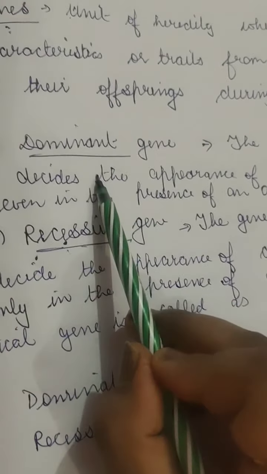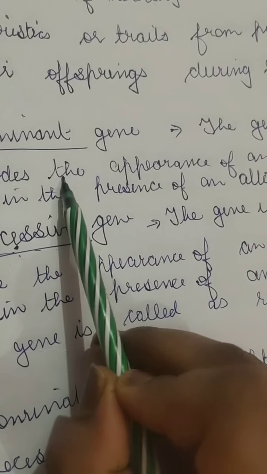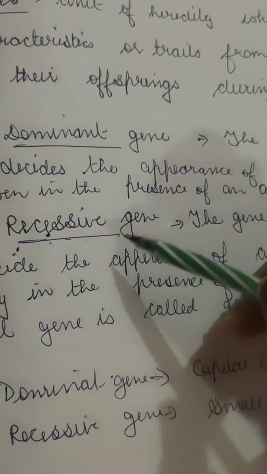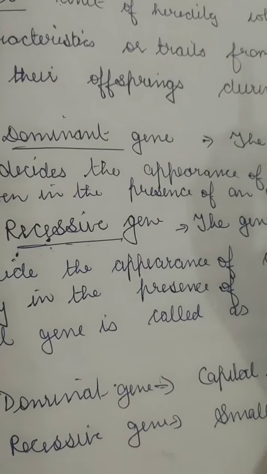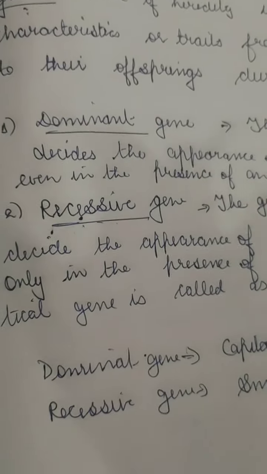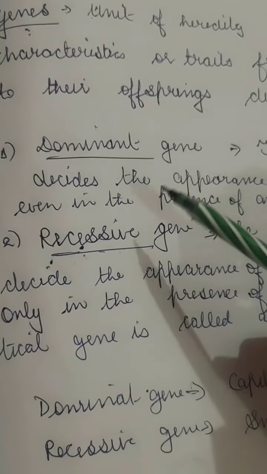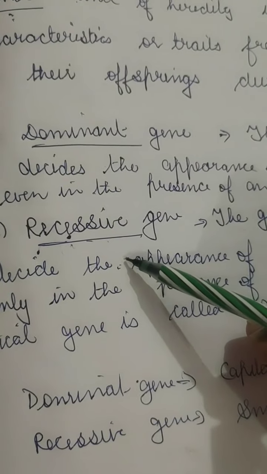Dominant genes are those genes which dominate the recessive gene. I think you know the meaning of dominate: these characteristics will be more visible, so it will suppress the other gene, which is why it's called a recessive gene.